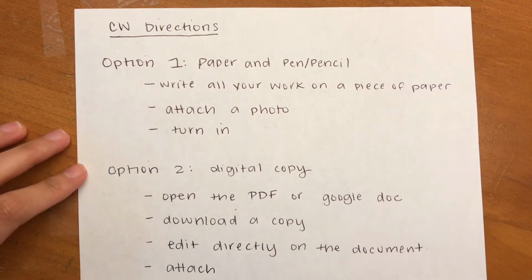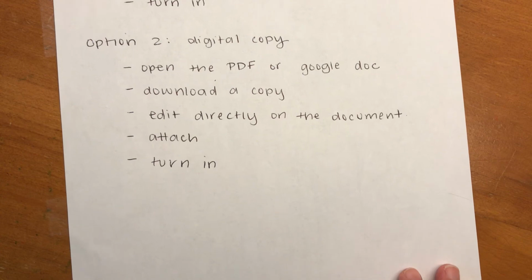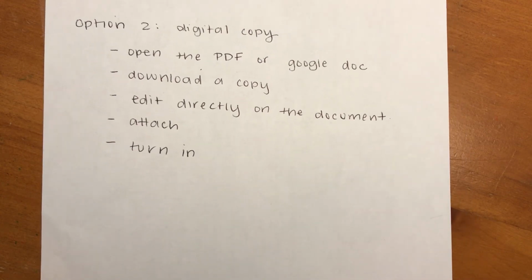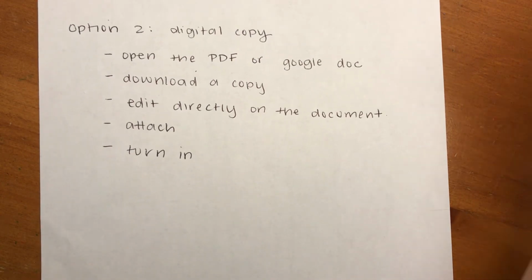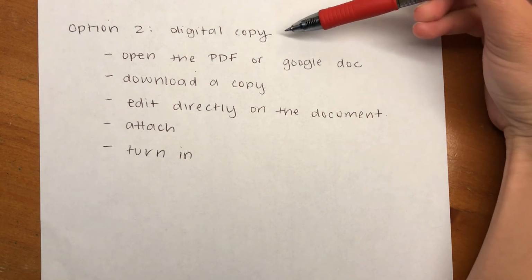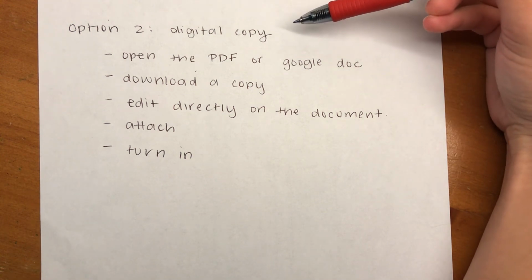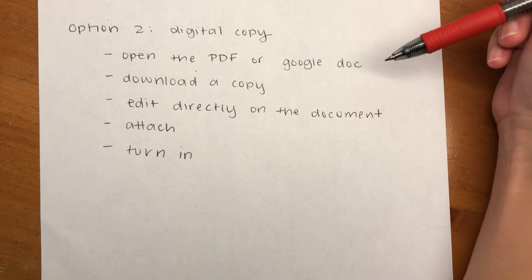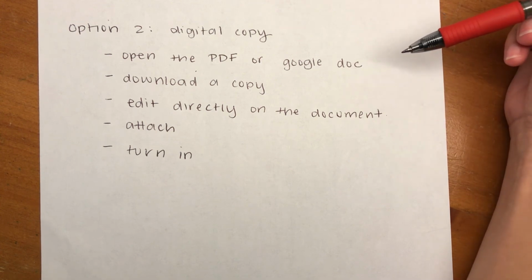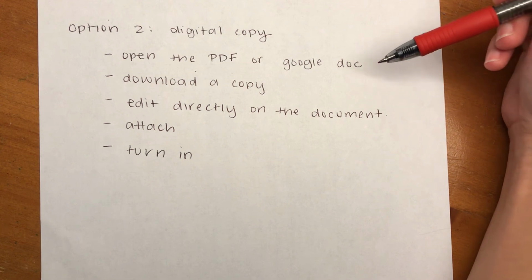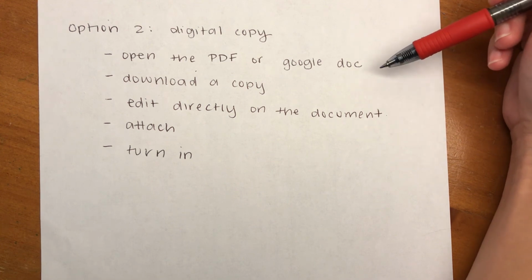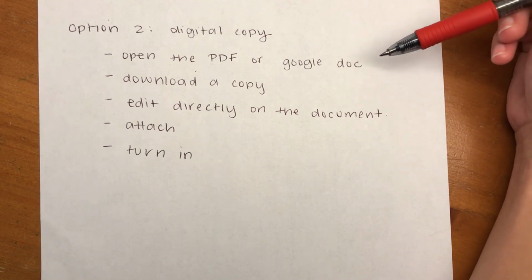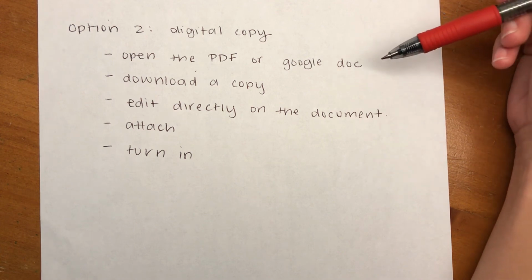Option 2 is a little trickier for me because I don't actually know how to do it, to be completely honest. I'm not able to see the student view of Google Classroom, which makes things really difficult. But I've posted a video that goes through the example of how to download the PDF and use the document editor that you can get on your phone or a computer.